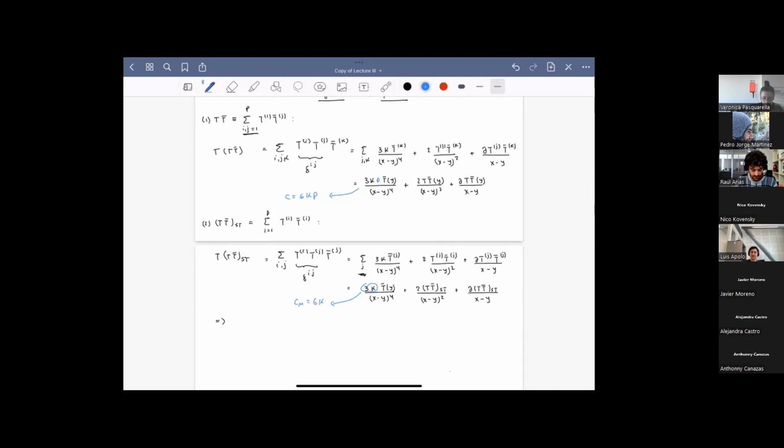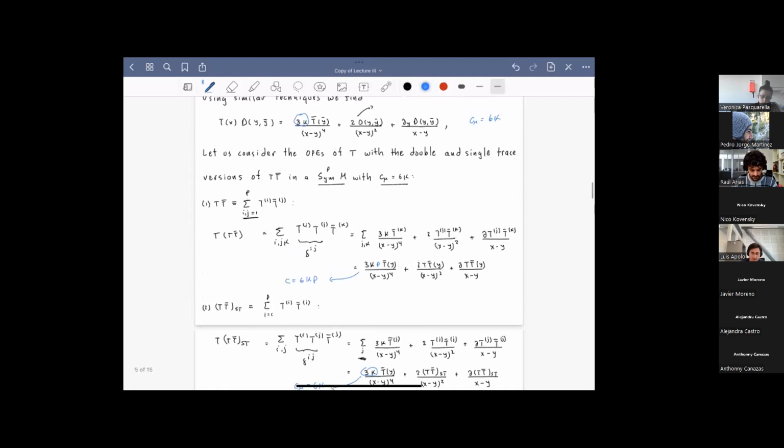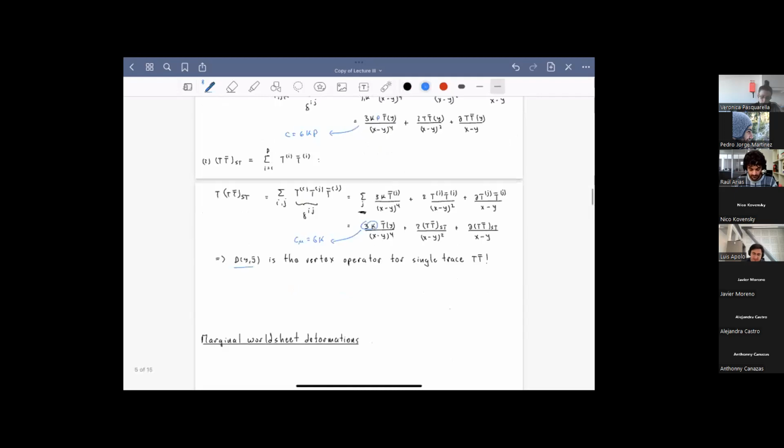This is exactly the same OPE that we found up here for the stress energy tensor with respect to this operator D. So what this means is that this operator corresponds to the vertex operator for the single trace version of TTbar instead of the double trace version.